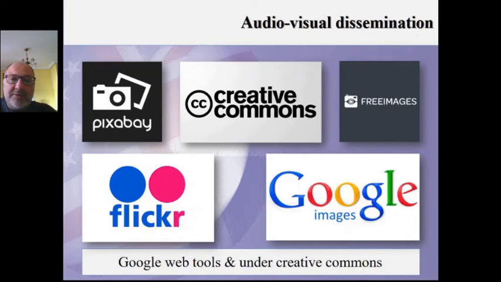So we can have the tool disseminated on websites using different types of platforms under Creative Commons licenses. We think this is important so that we don't have to pay any type of copyright for images and any other material. And we also think that social media are important.